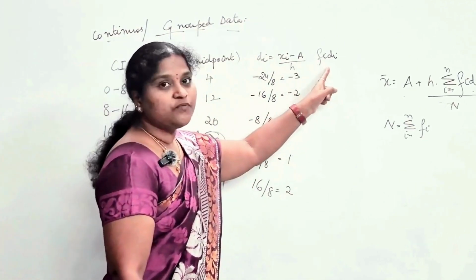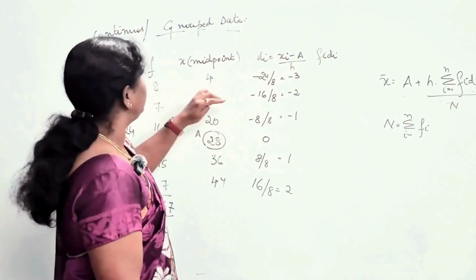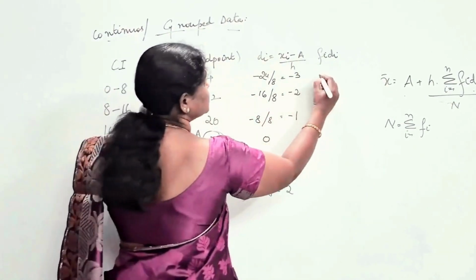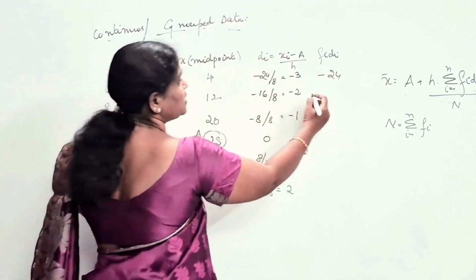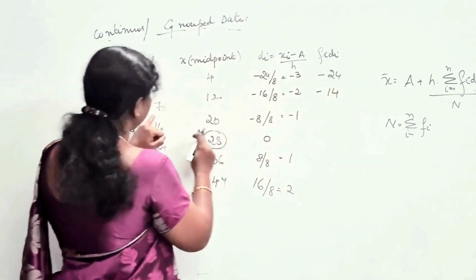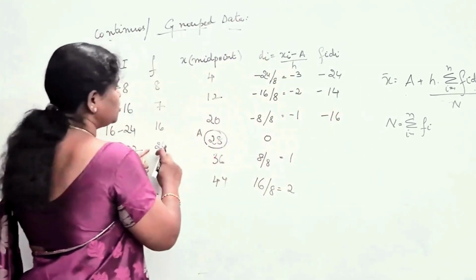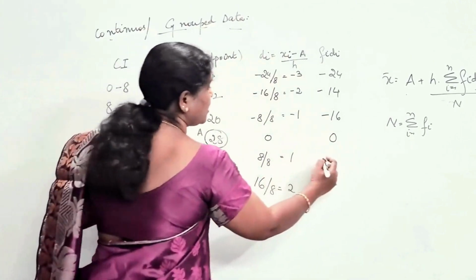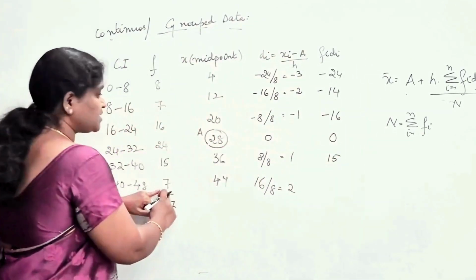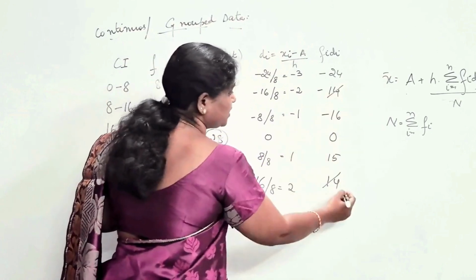Now we need to find out fi di to substitute in the formula. Fi di will be 8 into minus 3, minus 24. Next is 7 into minus 2, minus 14. 16 into minus 1, minus 16. 24 into 0, 0. 15 into 1, 15. 7 into 2, 14. Plus 14 and minus 14 gets cancelled.